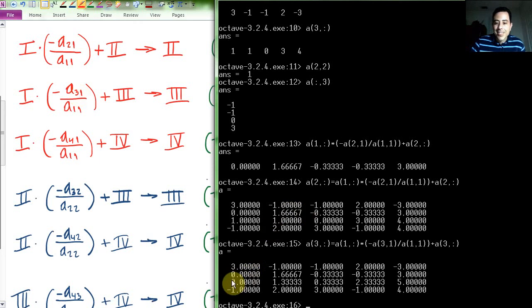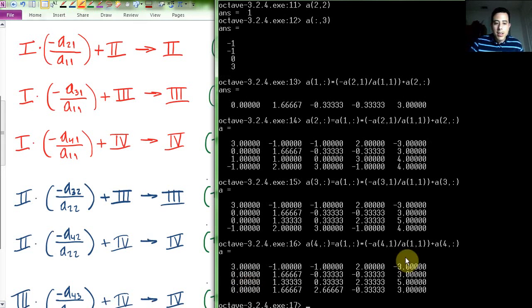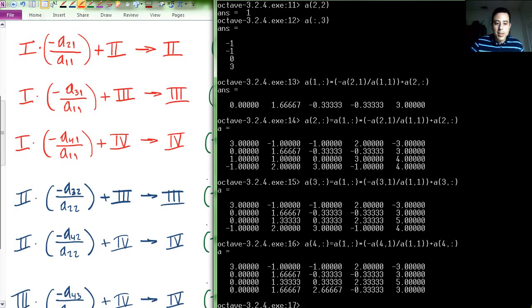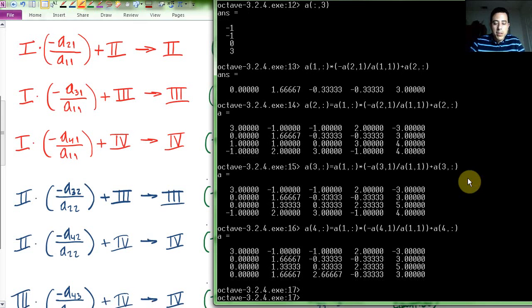There it is. Look what happened. Right? Eliminated that term. And then the third operation would be row 4. Row 1, this would be 4 here. Add that to row 4. There it is.